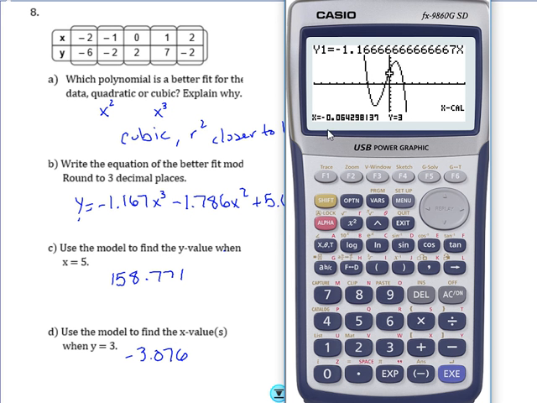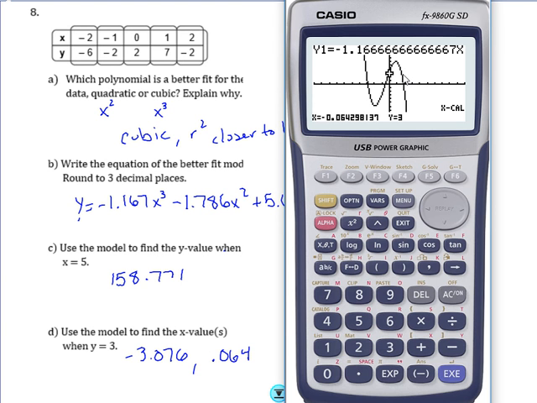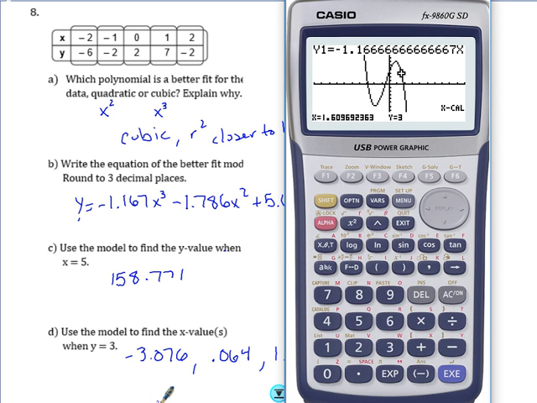Over here, it's 0.064. And it looked to me like there's one more place where y would equal 3. That would be 1.609, which rounds to 1.61. So there are 3 places where y equals 3, and I can get them all using the graphing part on my calculator.